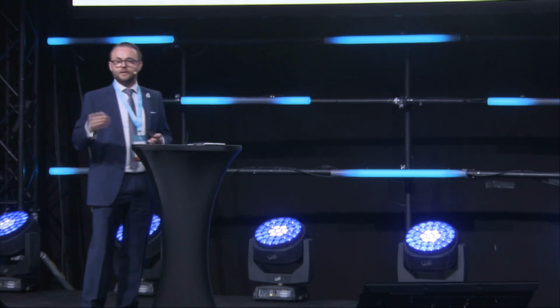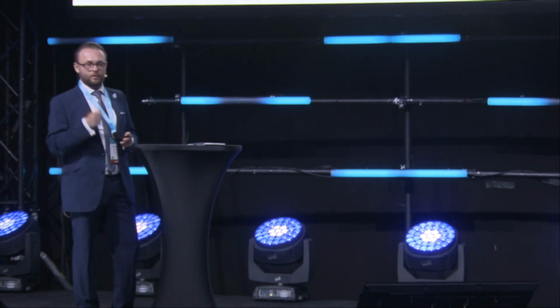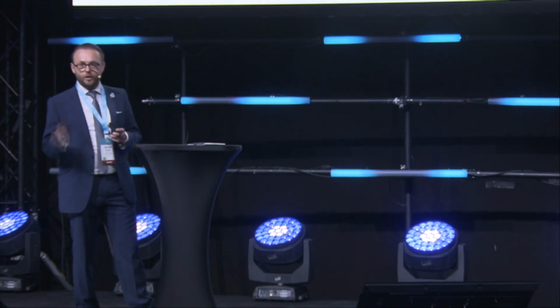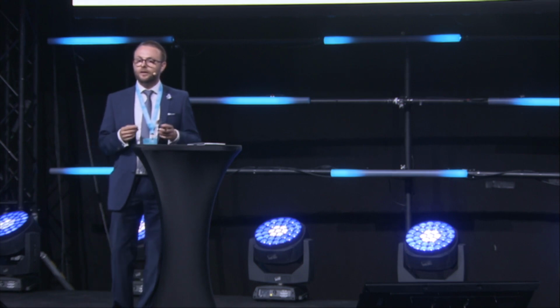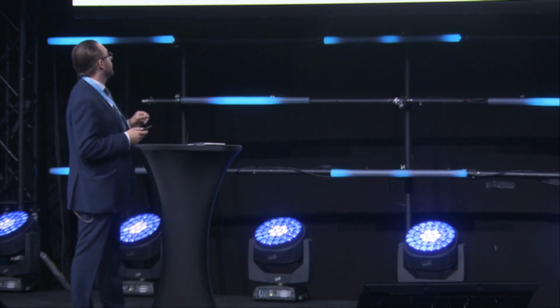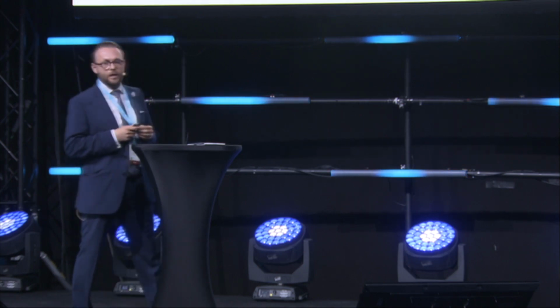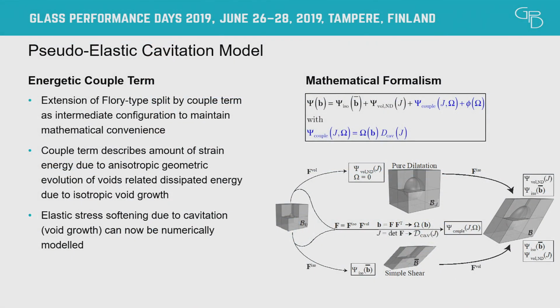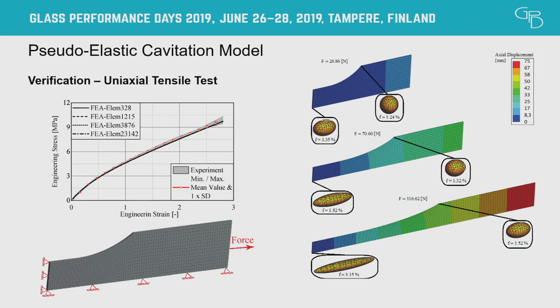Then we extend it to the cyclic behavior, the Mullins effect, and additionally we add some variables to also have healing effects. The model is able to analyze the void growth in the material due to the cavitation effect. So this is what you have to remember. We're not going into detail here.